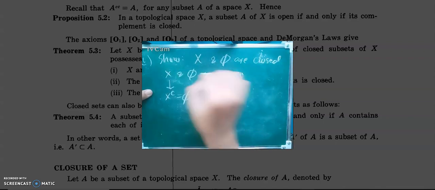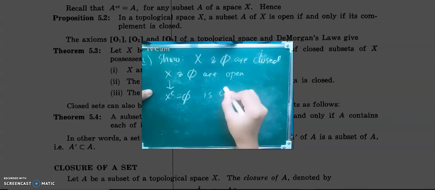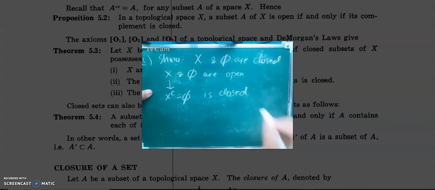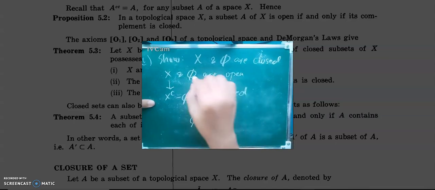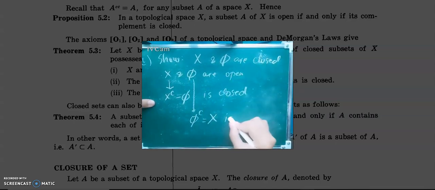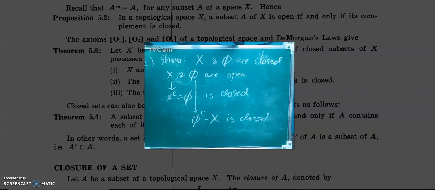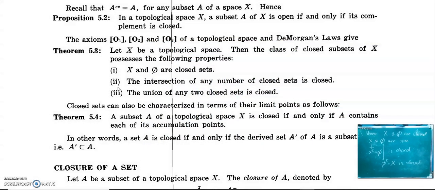Of course, since X is open, the complement is closed by using our previous result. Another one, the complement of the empty set is X. Since the empty set is open, the complement is closed. Now as you observed, X and the empty set are closed. So we're done. Now let's have the next, the second.